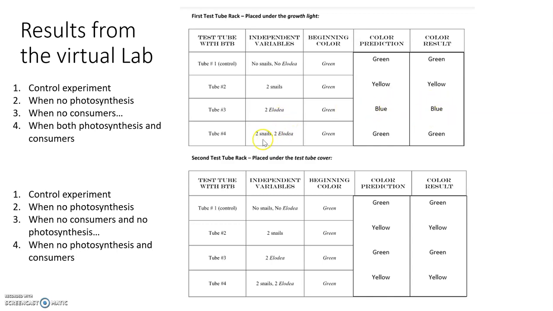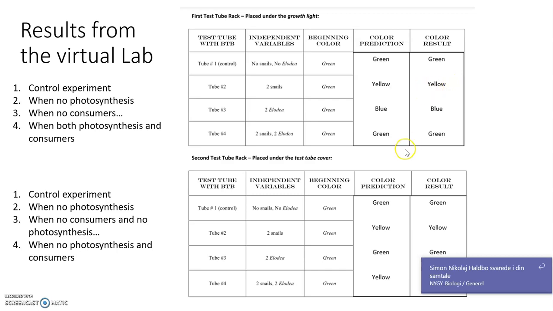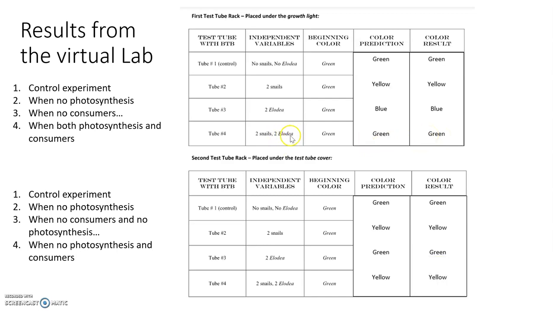And if we have both snails and Elodea, then we have both photosynthesis and a lot of cellular respiration taking place. You could perhaps predict that it should be yellow. Some people guessed yellow, and that's fine as well, because it depends on how much the Elodea respires itself, because cellular respiration would also take place inside the plant.